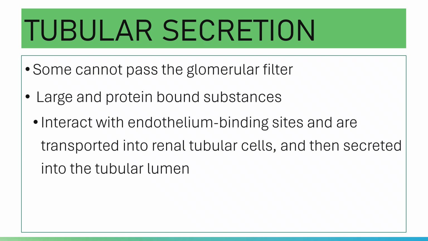That is what happens. Again, the substances that cannot pass the glomerular filter, like large and protein-bound substances, interact with endothelium binding sites and are transported into the renal tubular cells.